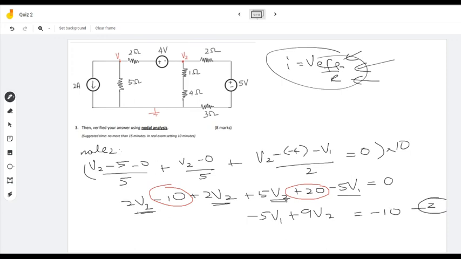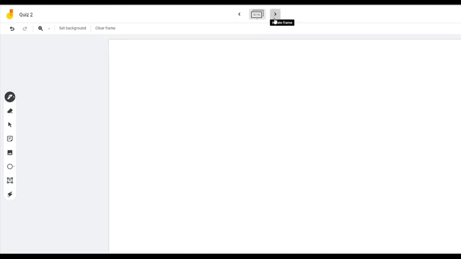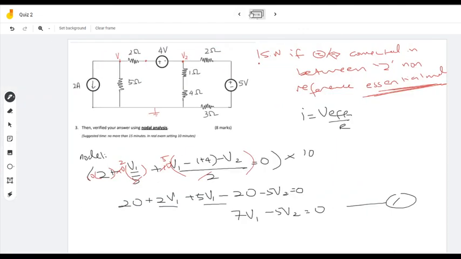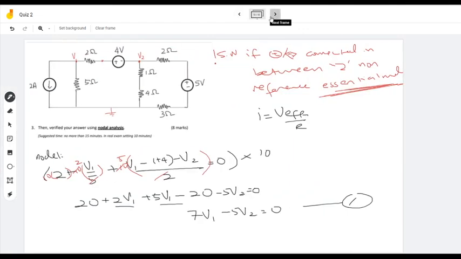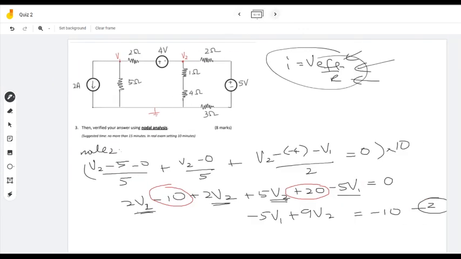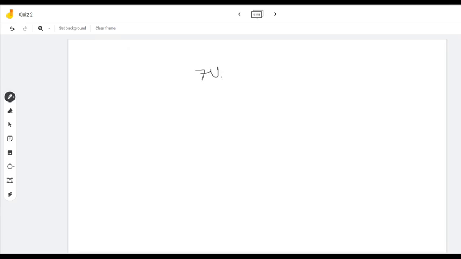Now what do you have to do? You just plug into your calculator. Your first equation, what was it again? It is 7v1 minus 5v2 equals to 0. That's the first equation. And then you have the second equation, just like the one that we did.